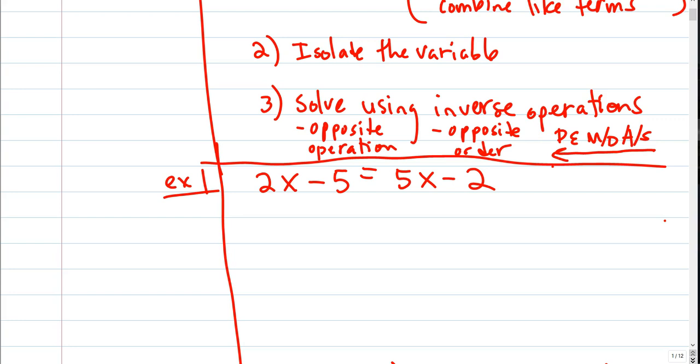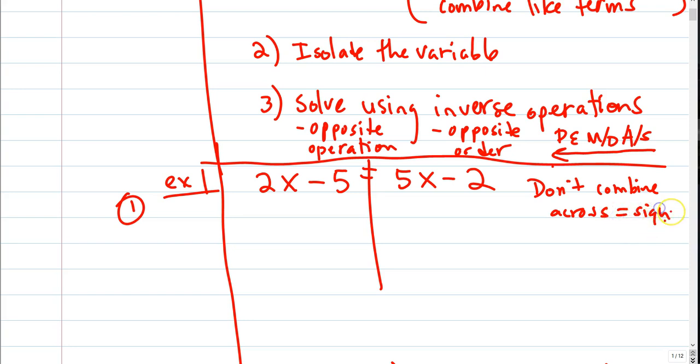So when I look at example 1, first, is there anything I can simplify? Okay. Can I combine any like terms? I hope right now you're saying no. A lot of people will want to bring these together, but you cannot add across an equal sign. So what do we do?